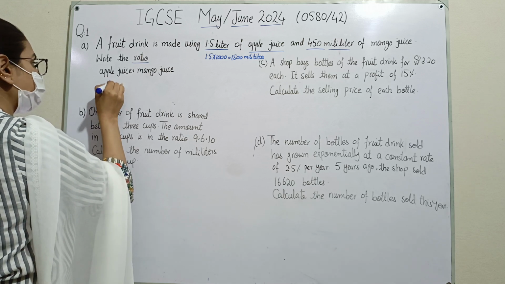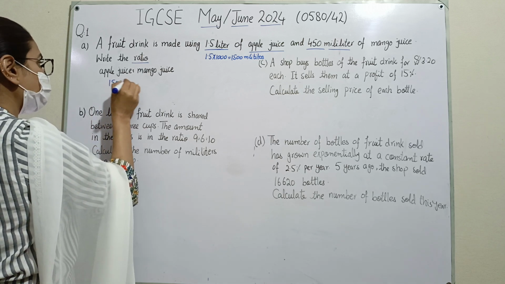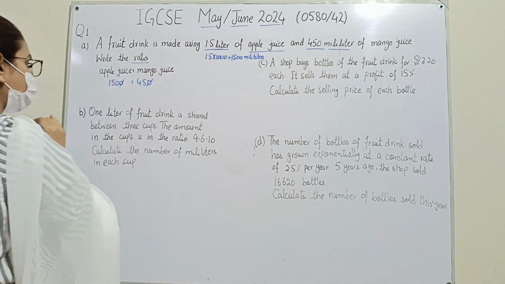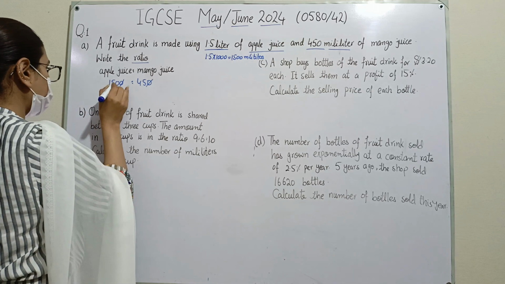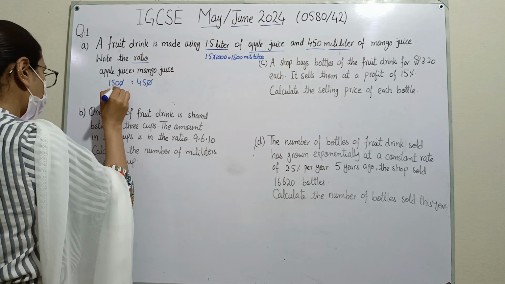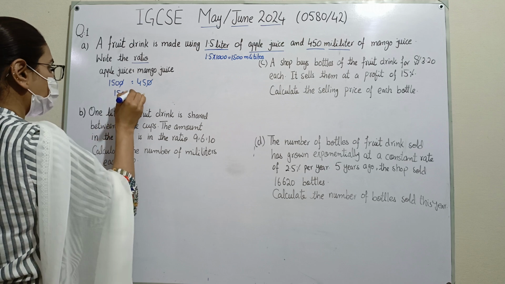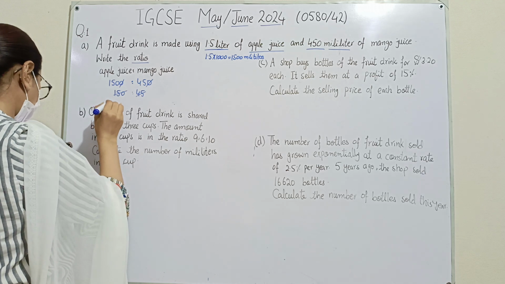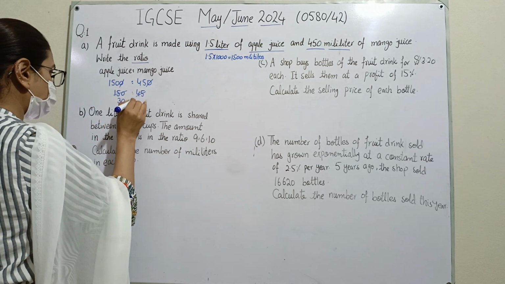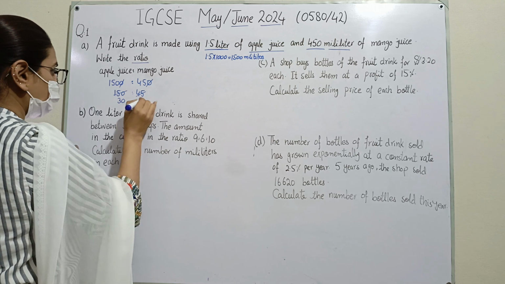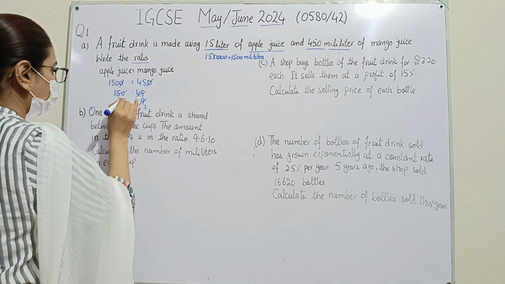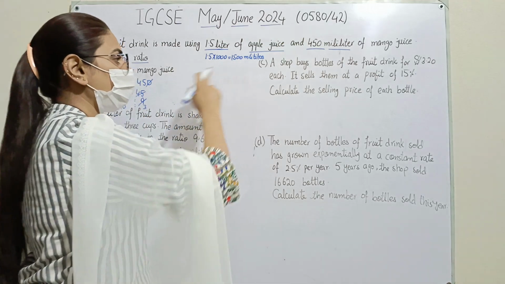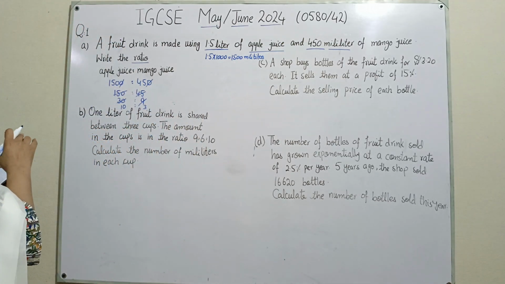Put the values over here, that is 1500 ratio 450. Cut this 0 with this one to simplify. You will get 150 ratio 45. Further you have to simplify it. Cut it further: 30 ratio 9, and then 10 ratio 3. So what was the focus over here? To make the units the same was the first focus in this question.